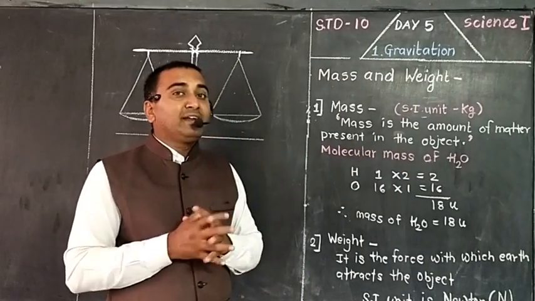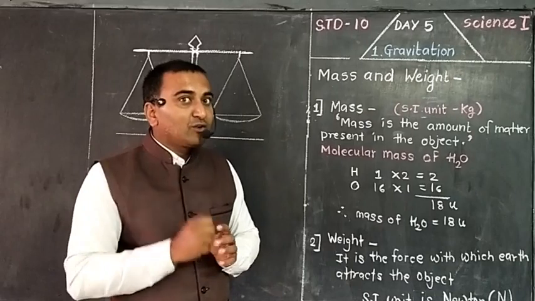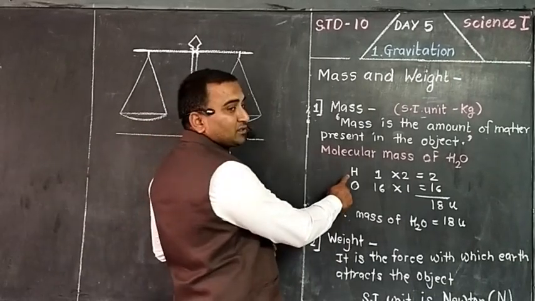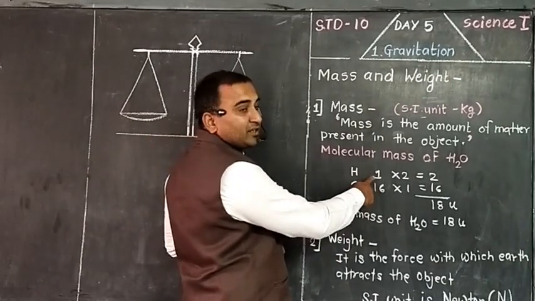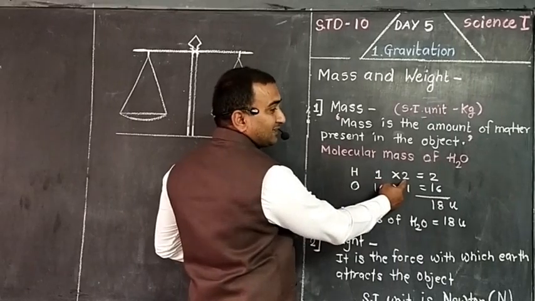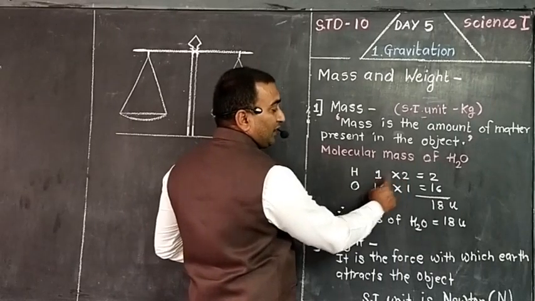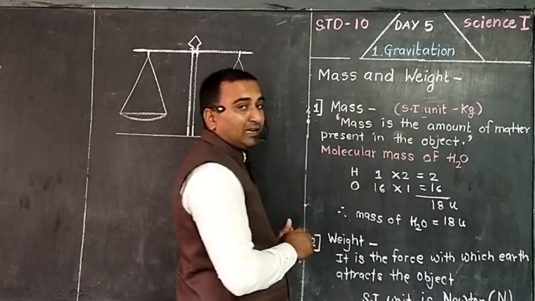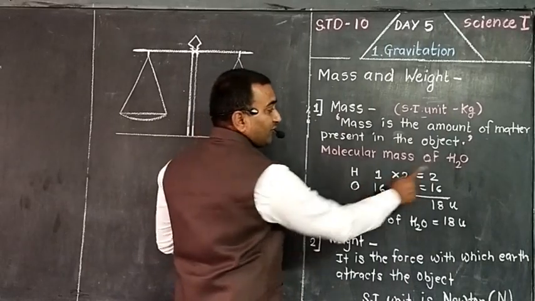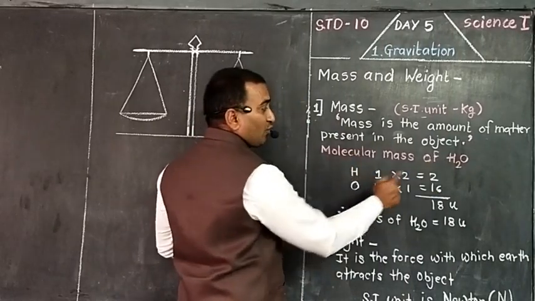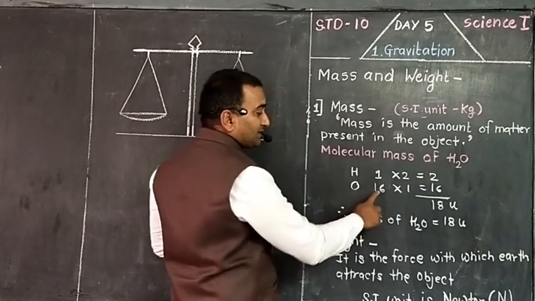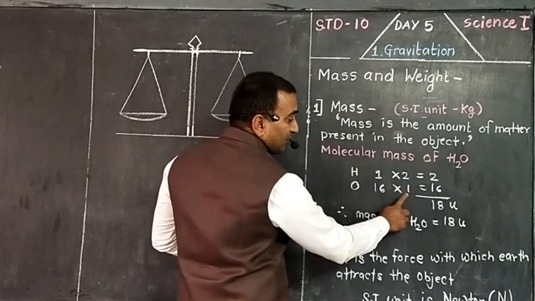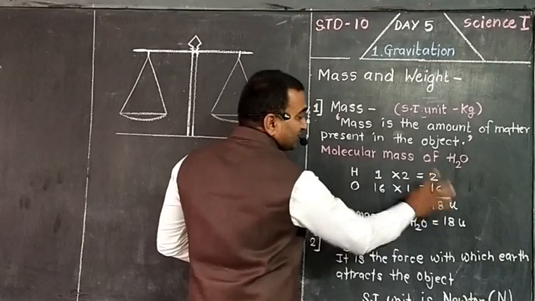So how to find the mass of one molecule of water? Hydrogen atomic mass is 1, and 2 such particles are there, so 2 into 1, total mass is 2 Dalton. Oxygen, within that only 1 atom, atomic mass is 16, so 16 ones are 16.